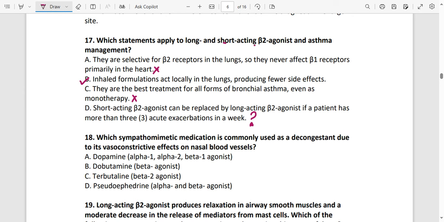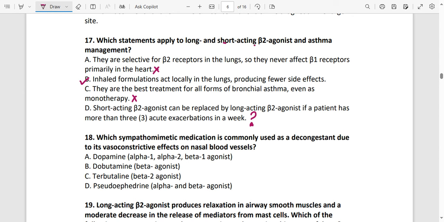So option A doesn't have beta 2, but we're not even talking about the lungs here. They have just asked for a symptomatic medication commonly used as a decongestant because of its vasoconstrictive effect, but this is still nasal blood vessels. It's related to the respiratory system.